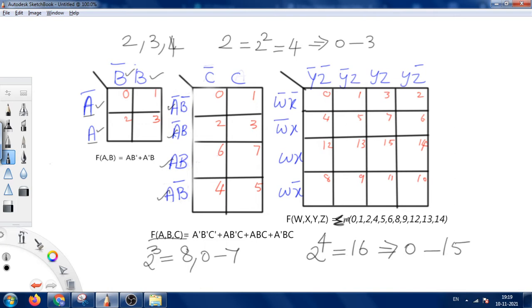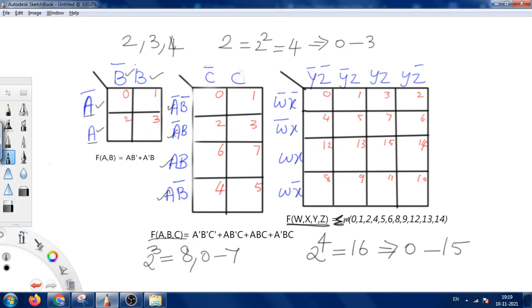And then for the 4 variable Karnaugh map, how is it written? Because you have 4 variables, as you can see from the equation given over here, W, X, Y, Z. So we have to write 2 variables row wise and 2 column wise. So W bar X bar, W bar X, WX, WX bar.